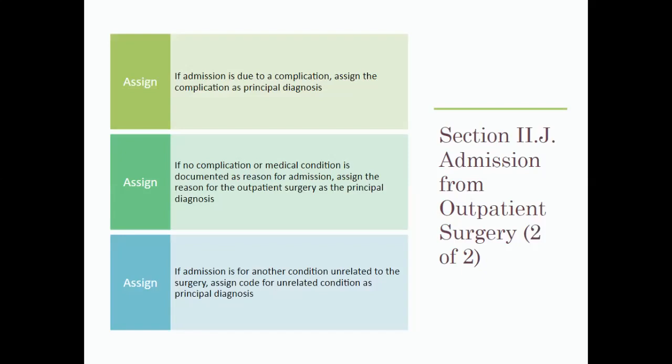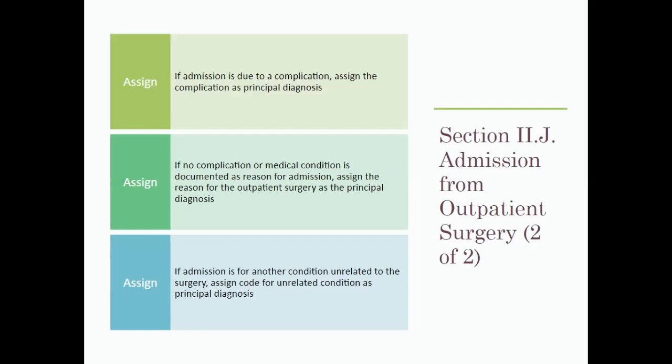If admission is due to a complication, assign the complication as the principal diagnosis. If no complication or medical condition is documented as a reason for admission, assign the reason for the outpatient surgery as the principal diagnosis. If admission is for another condition unrelated to the surgery, assign the code for the unrelated condition as principal diagnosis.